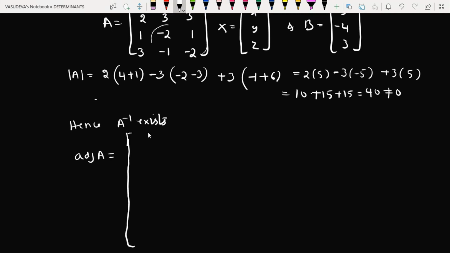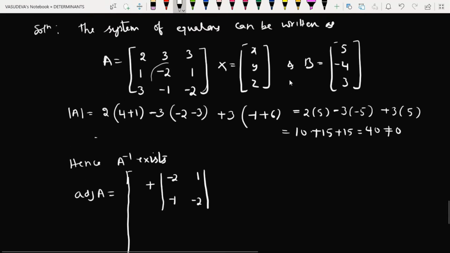Write the cofactors of all the elements, that is plus determinant of, cofactor of 2 is here minus 2, 1, minus 1, minus 2, because here 2 lies in the first row and the first column. Leaving those elements, we have to take the determinant of these elements.